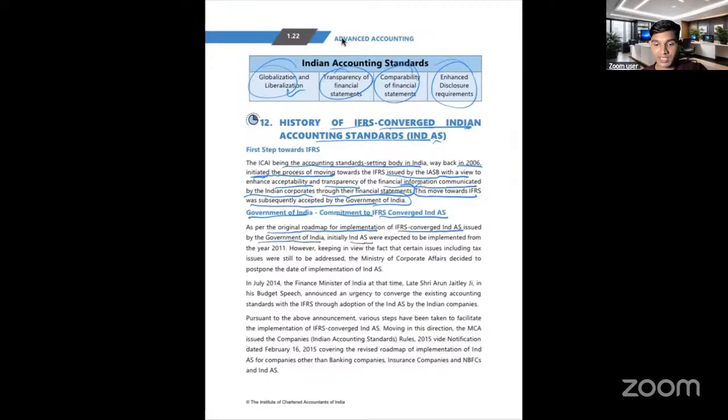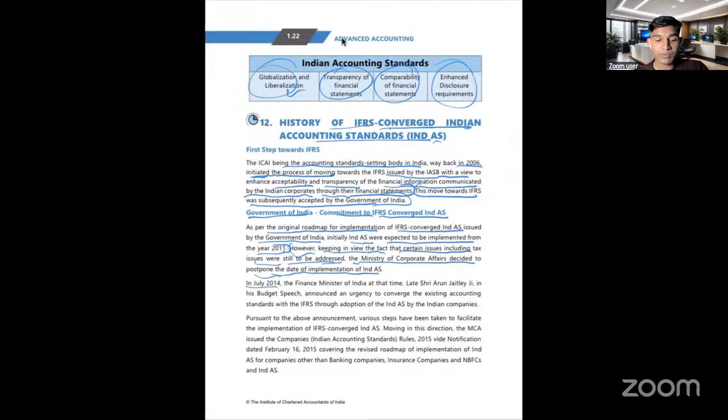Initially, Ind ASs were expected to be implemented from the year 2011. However, keeping in view the fact that certain issues, including tax issues, were still to be addressed, the Ministry of Corporate Affairs decided to postpone the date of implementation of Ind ASs.